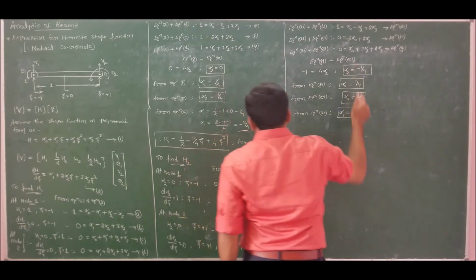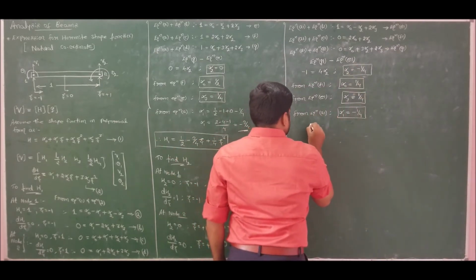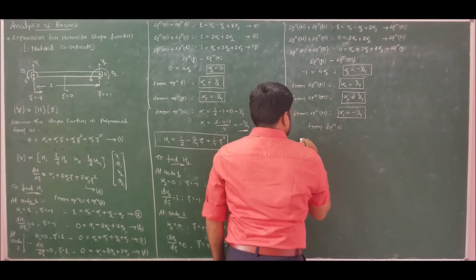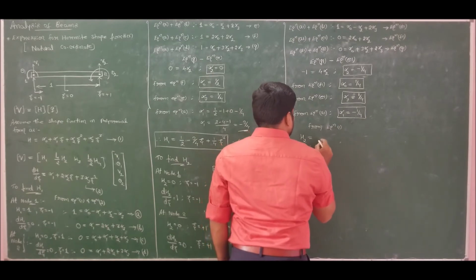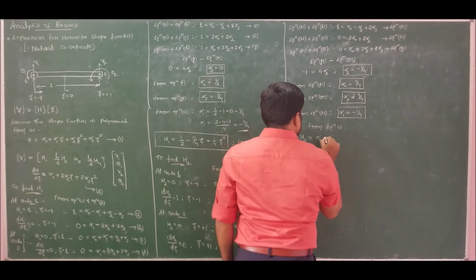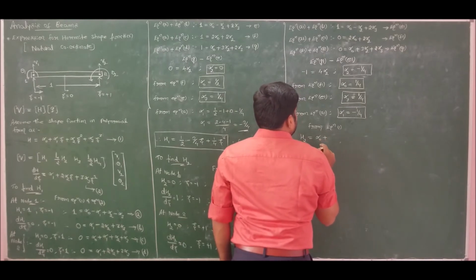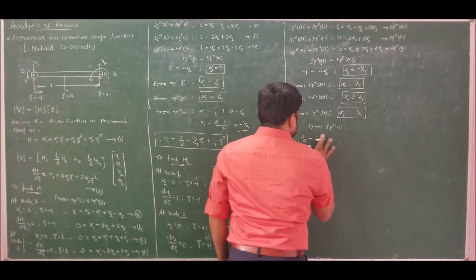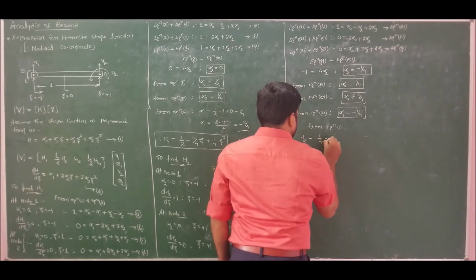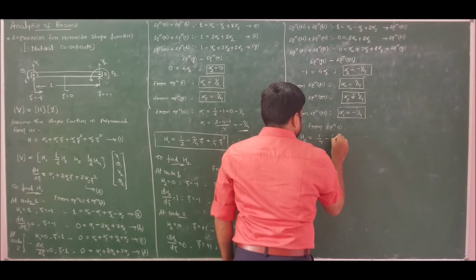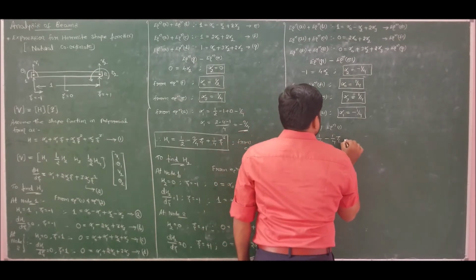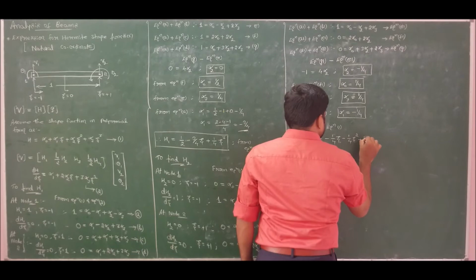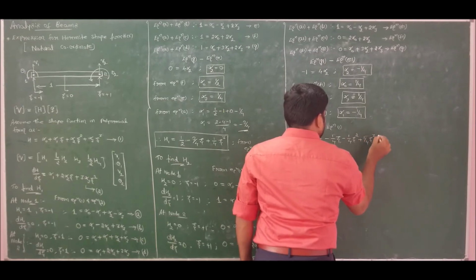So therefore, if I substitute all these values to equation 1, I will get the value of shape function h2 as, from equation 1, the value of shape function h2 will be alpha naught plus alpha 1 zeta. So alpha 1 is minus 1 by 4, alpha naught is plus 1 by 4, 1 by 4 minus 1 by 4 zeta minus 1 by 4 zeta square plus 1 by 4 zeta cube.